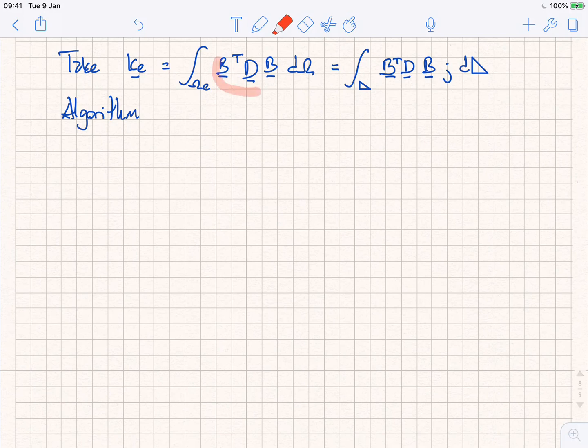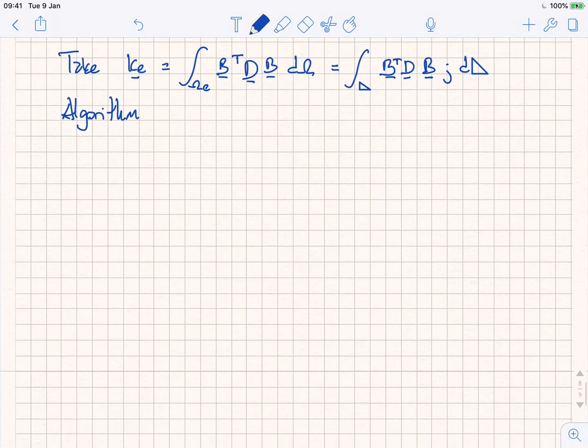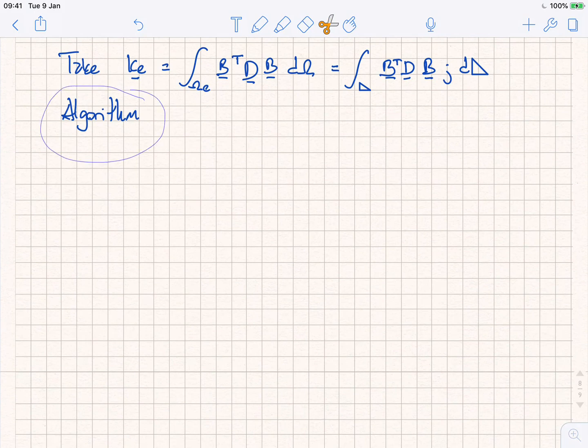It was B transpose D B times, what am I missing there? You need the determinant of J. Yeah, which is the Jacobian, and what else are we missing? The weight. Because this integral that you have here actually gets replaced. So let's write it down.